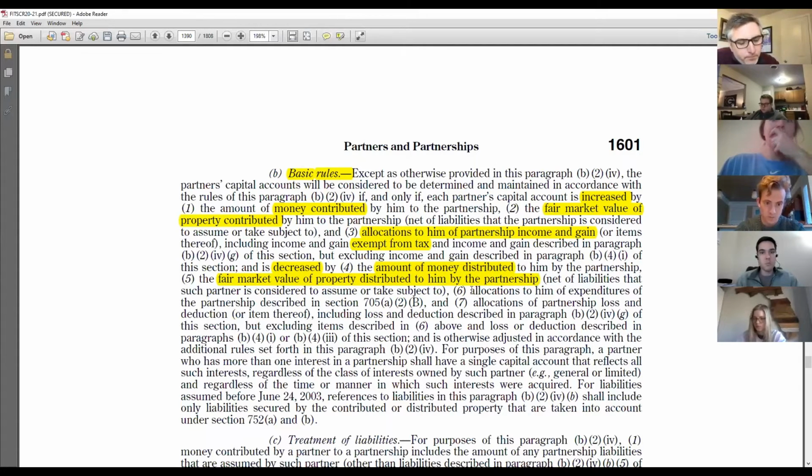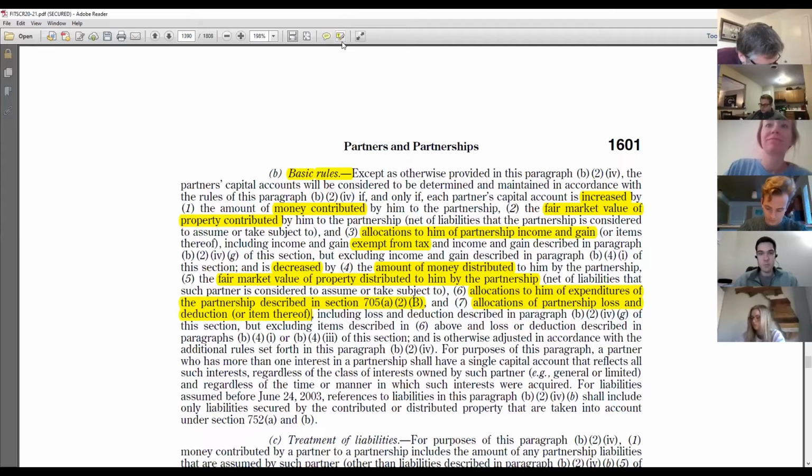Items 6 and 7 are allocations. Well, let's go back. 6 is allocations of non-deductible expenditures. So non-deductible expenditures, things like bribes and government penalties, government fines and bribes are non-deductible. So these are non-deductible expenses. We'll talk some more about it, not that important here. But 7 is allocations of partnership loss and deduction. So you could allocate a loss or a deduction or a part of it.